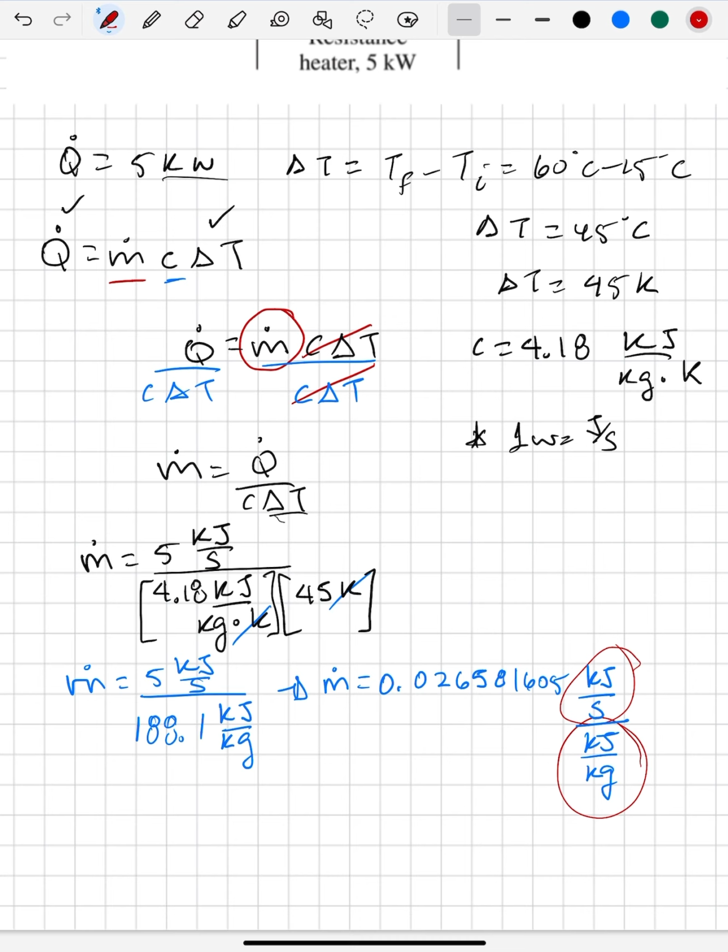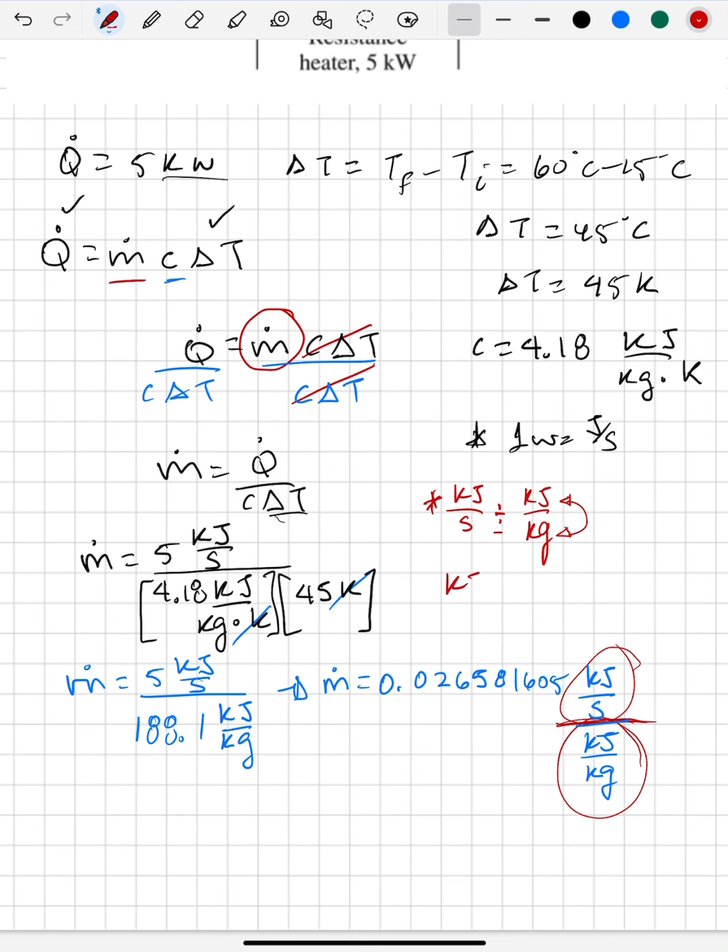The way to work with this type of problem is that you have kilojoules divided by second, and we have a big division. I replace that with this division symbol, kilojoules by kilograms. I can't divide fractions directly, so I have to change this division symbol to multiplication, and if I do that, I have to take the reciprocal of that fraction.